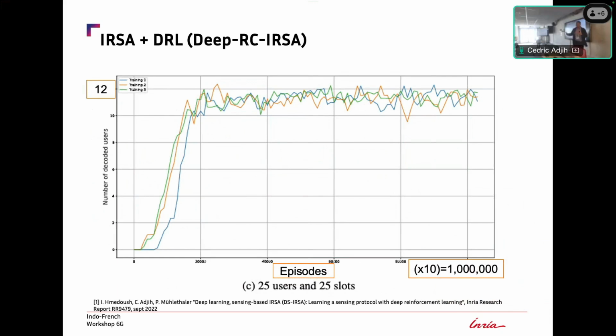So it's a little bit surprising because the action space is huge, but it's helped by the fact that we have a policy method which is stochastic. So the output of the network is the probability to select one slot. So anyway, here there are 25 users, 25 slots. We reach 12, which is roughly what you can expect to have at best.